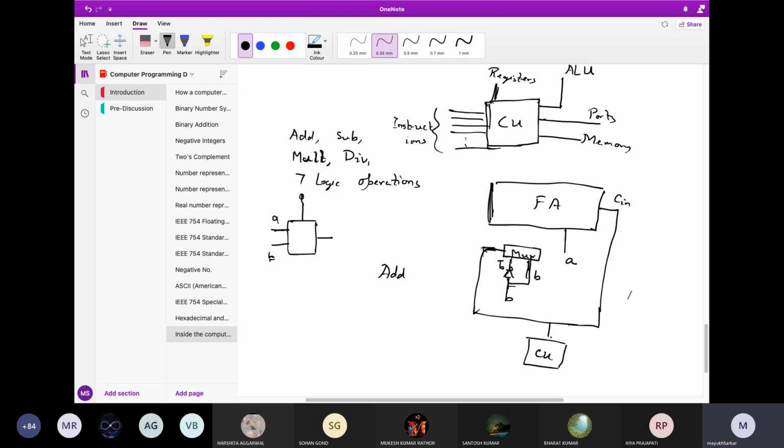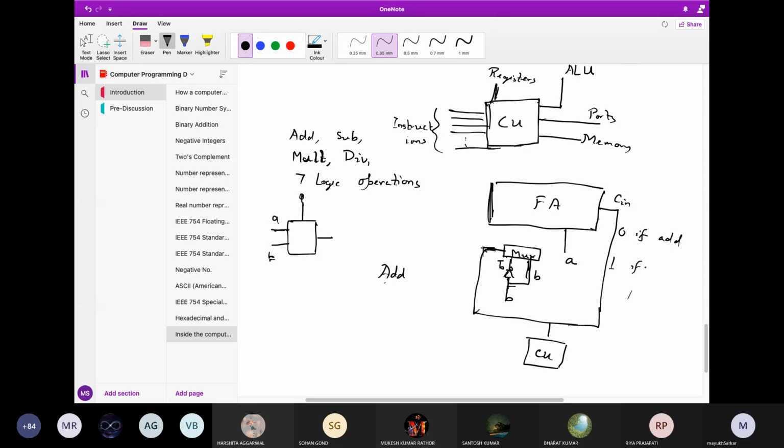Now if the control unit understands there is an add, say 10110 or something like that, whatever is the instruction for the add in this particular processor, it will send the 0 line here and maybe the corresponding line here to select the B line. So addition of A and B will occur if add.